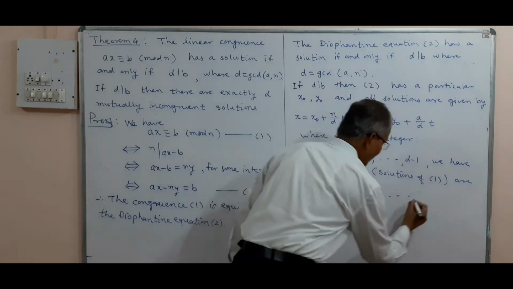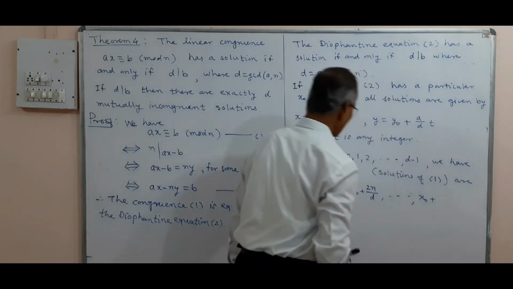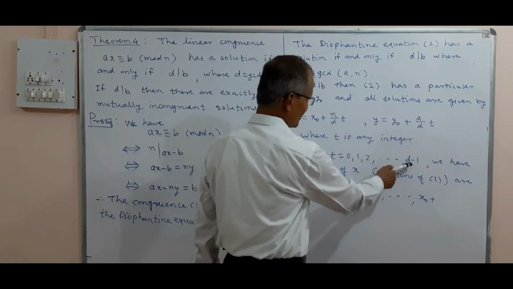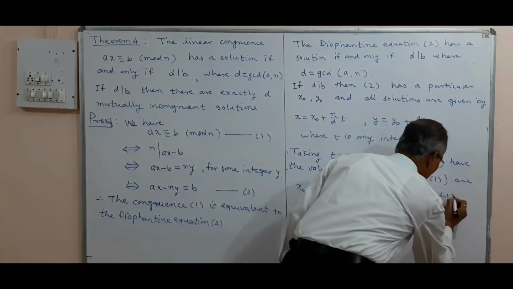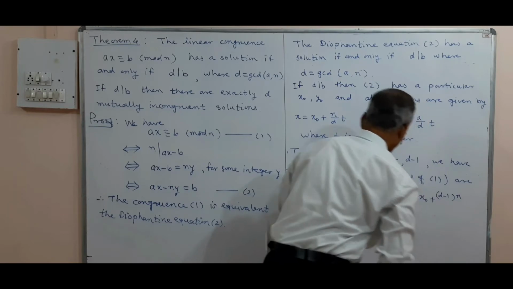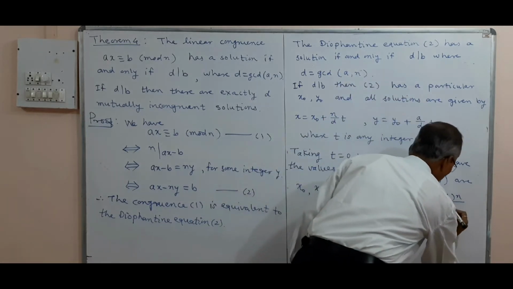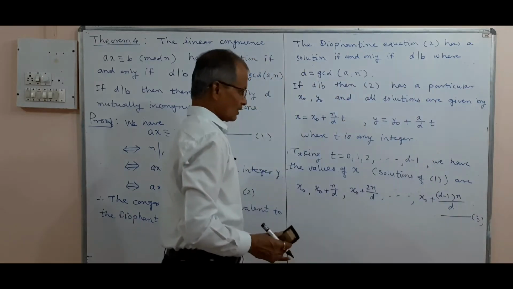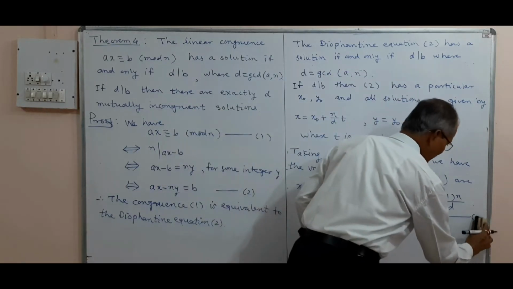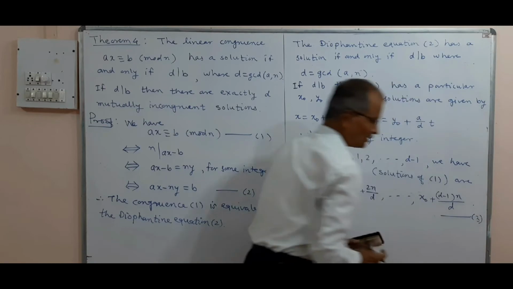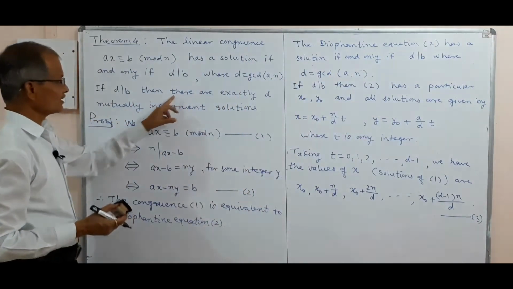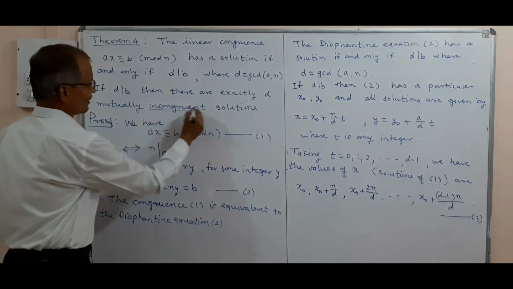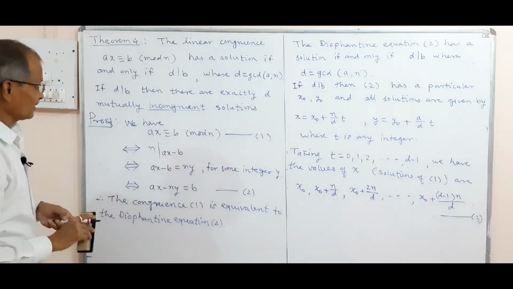The last is X naught plus, T is D minus 1, so it is D minus 1 times N divided by D, and these D solutions are there. We will refer to this as 3. Now what we want to show is that these solutions are incongruent.